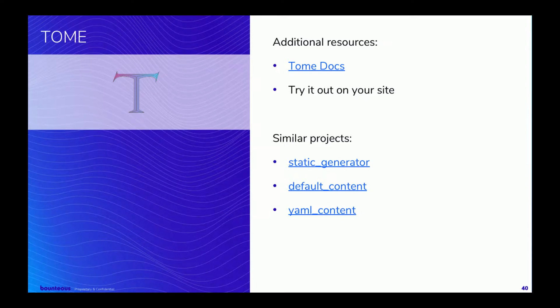There are also some similar projects. There's a static generator project for Drupal 8 that aims to do the same thing, a static export of your Drupal site. And then as far as the data import and export, there's the default content module and then the YAML content module that conceptually do some similar things.